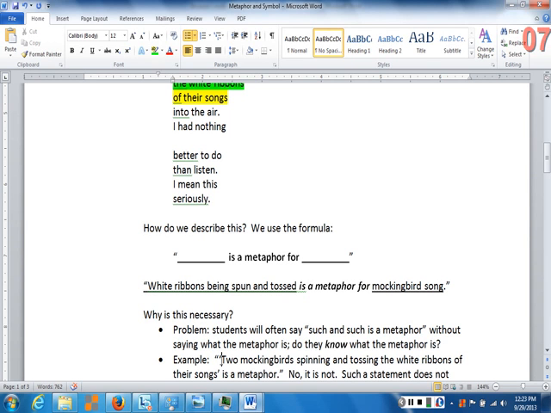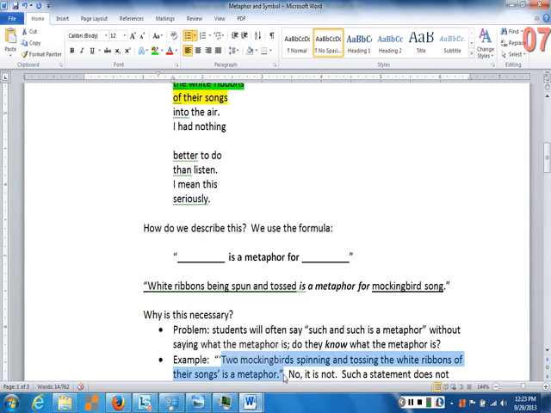So, for example, someone might be talking about the Mary Oliver poem, and they might say something such as, "Two mockingbirds spinning and tossing the white ribbons of their songs is a metaphor." No, it is not a metaphor.